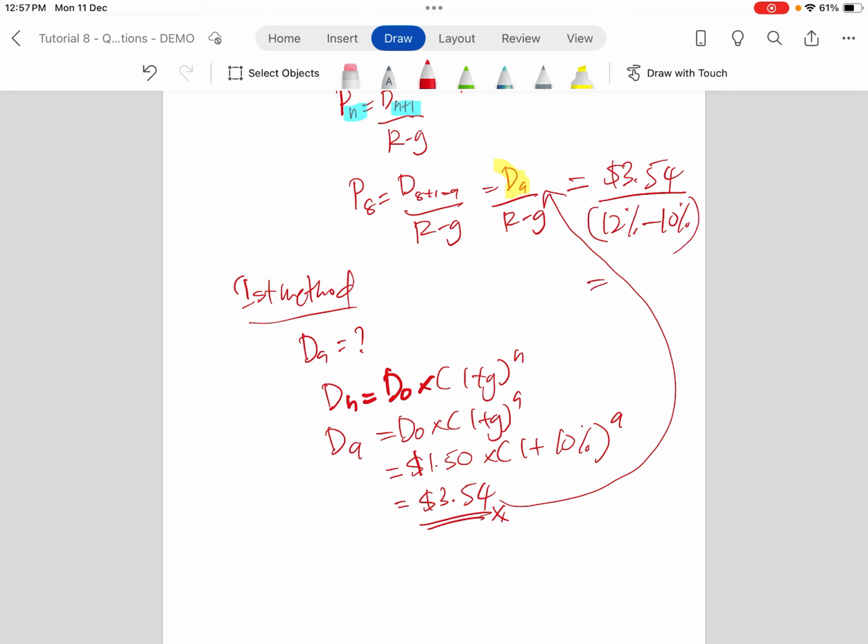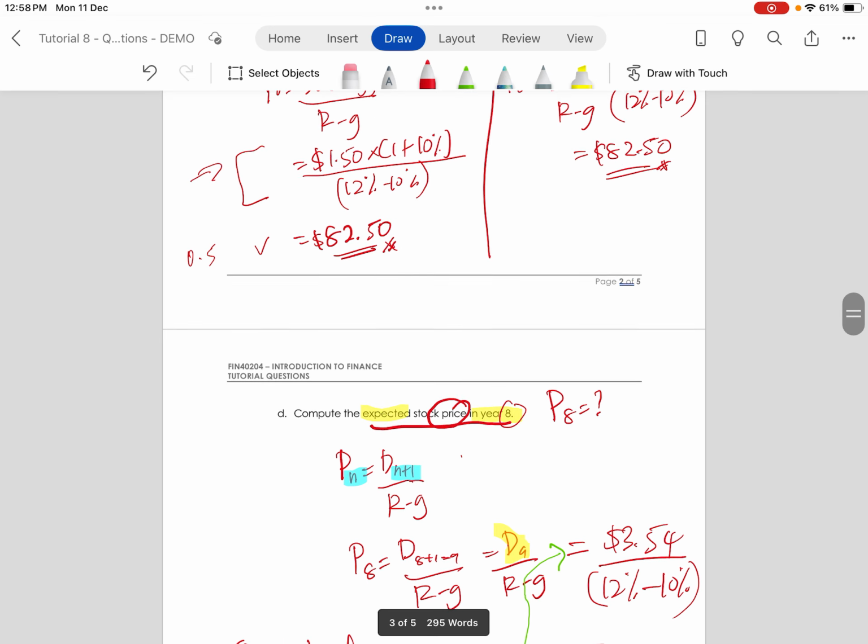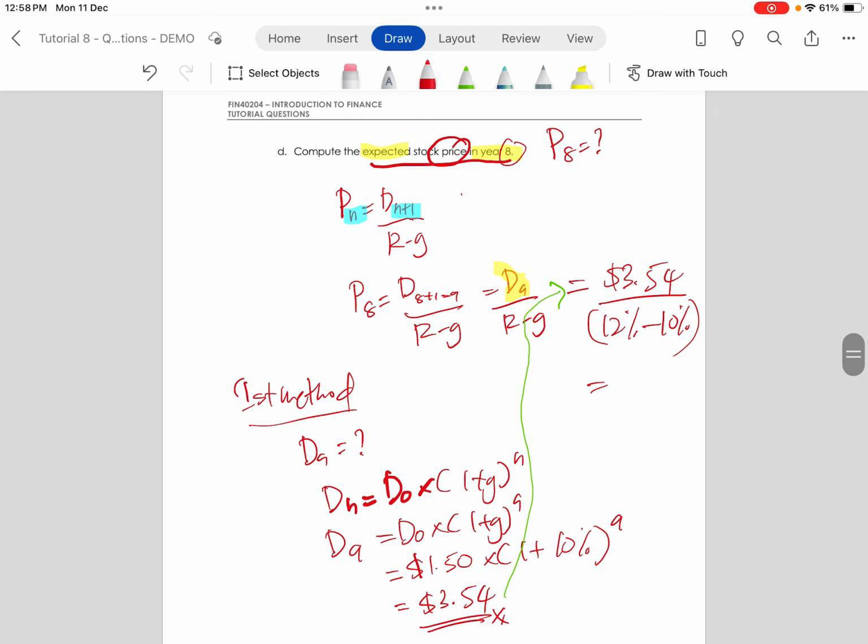Therefore, D9 is 1.5 times 1.1 power 9, divided by 0.02, which gives 176.85.